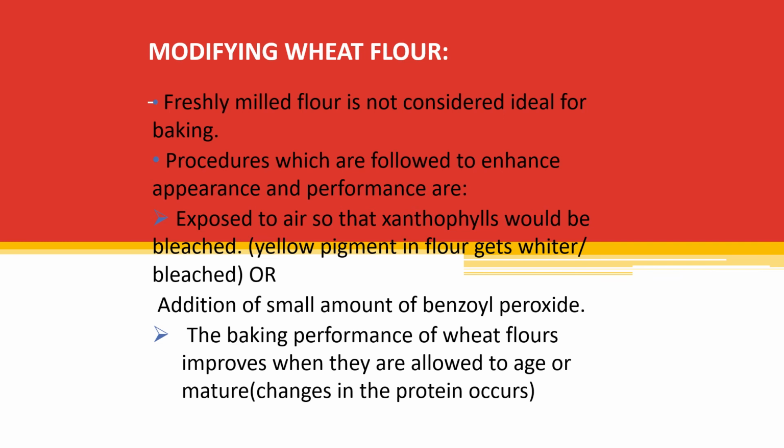Two of the most common methods used to make it look bleached and whiter are that it is exposed to the air so that the yellow pigments present in the flour get bleached, or they may add a small amount of benzoyl peroxide. The baking performance of wheat flours improves when they are allowed to age or mature, and during that aging process, usually changes occur in the protein of that flour.